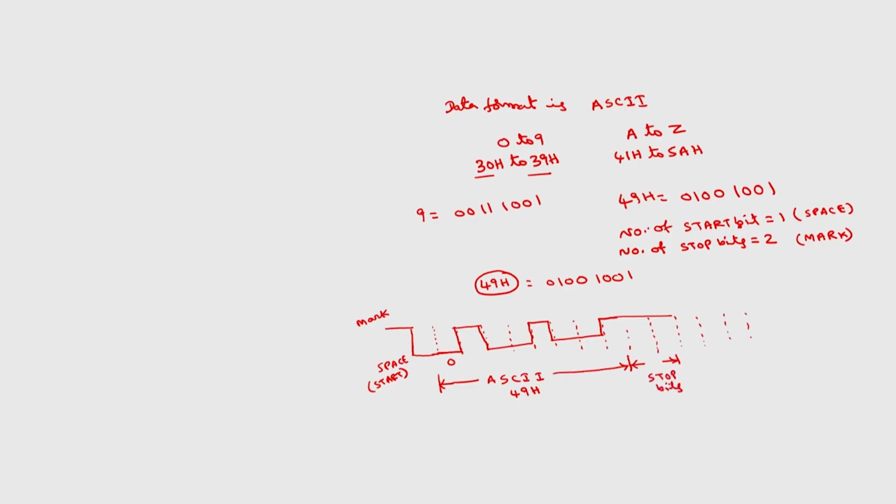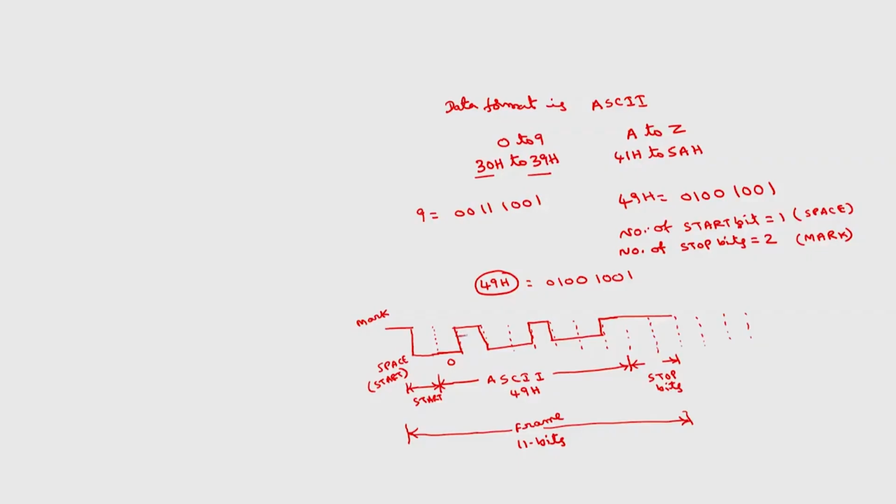So, in total, starting from the start bit, from here to here, a total of 11 bits is called one frame. So, one frame consists of 11 bits in this case. This is what we have to send if we want to send 49H.